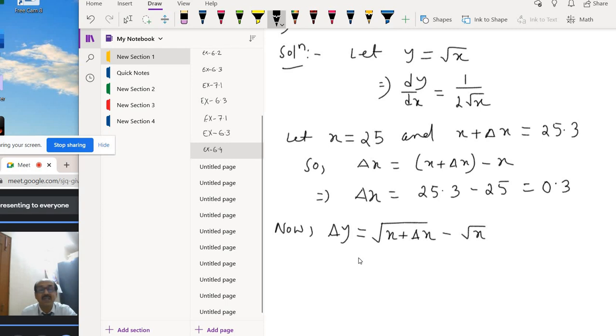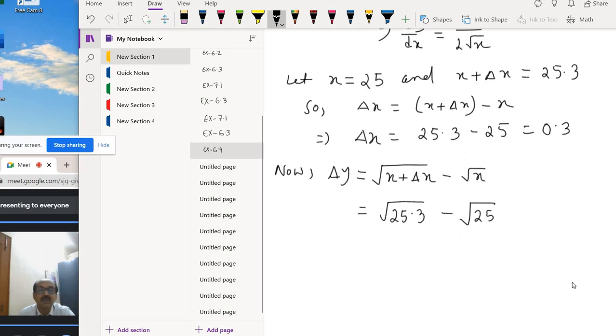Now x plus delta x means 25.3, so under root 25.3 minus root x, where x equal to 25, so root 25 is 5. Then delta y equal to under root 25.3 minus 5.